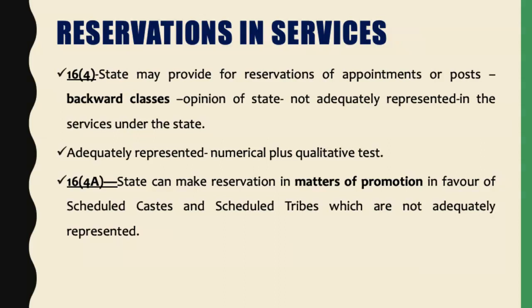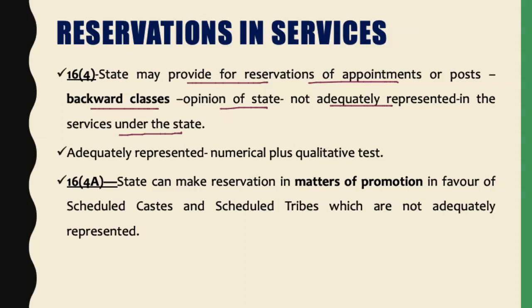So clause 4 talks about how the state may provide for reservations of appointments or posts in favor of any backward classes of citizens which in the opinion of the state are not adequately represented in the services under the state. सिंपल टर्म्स में क्लॉज 4 ये बताता है कि स्टेट स्पेशल प्रोविजंस बना सकता है फॉर द रिजर्वेशन ऑफ अपॉइंटमेंट्स और पोस्ट फॉर बैकवर्ड क्लासेस जो कि स्टेट की ओपिनियन में एडिक्वेटली रिप्रेजेंटेड नहीं है इन सर्विसेज अंडर द स्टेट.